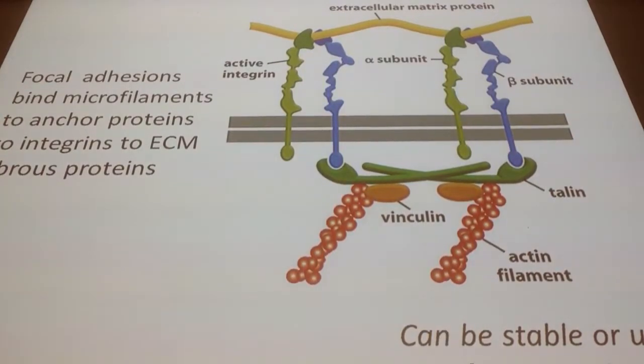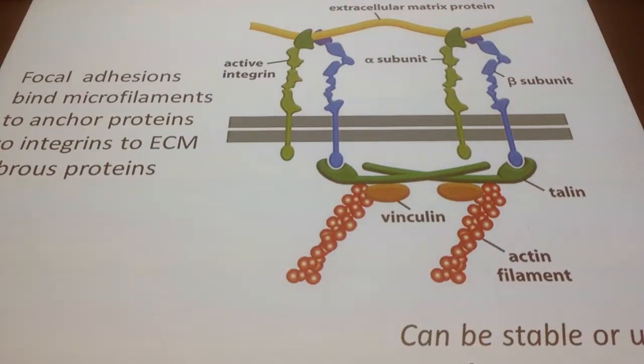A more major component of this slide is the fact that for integrin, whether it's hemidesmosome or focal adhesion, you notice that integrin interacts with some other proteins, right? So we call this heterophilic binding, meaning that a protein binds to something that is not itself.